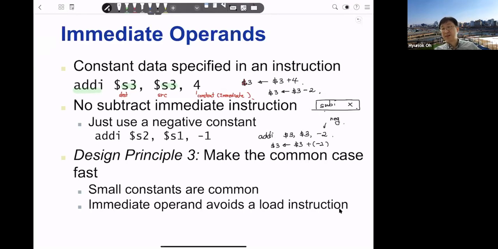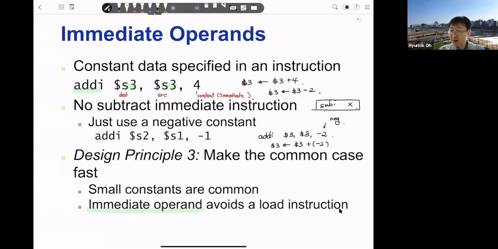So the last one is negative, then we can do the subtraction. So in the add I case, add I exists, but sub I does not exist. Okay, so immediate operand. Later we will learn why the immediate operand is very useful to represent constant values.